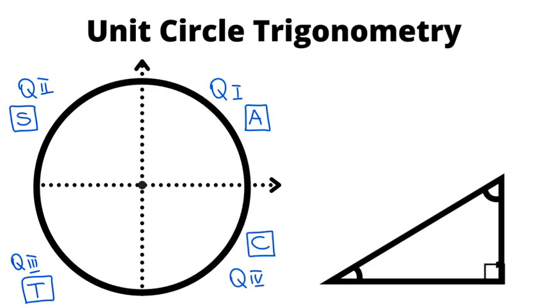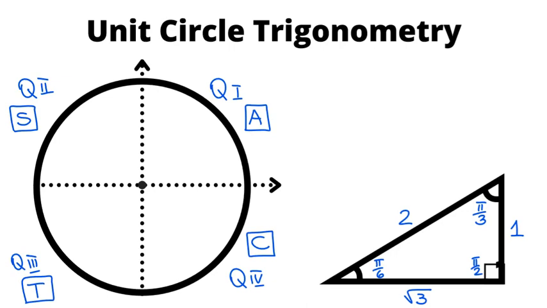One of the triangles that could be formed inside the unit circle is the 30, 60, 90 triangle, or pi over 6, pi over 3, pi over 2. So pi over 6, pi over 3, and pi over 2. Based on the unit circle, the side length will be 1, 2, square root of 3 to 2.